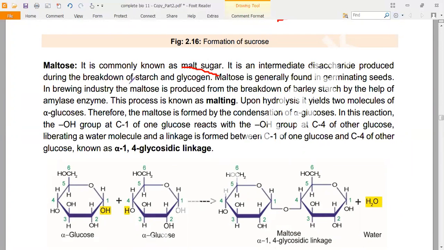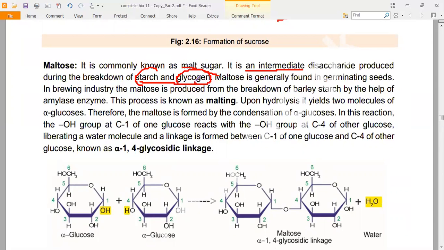Also, a very important property is that it is an intermediate disaccharide produced during the breakdown of starches and glycogen. Starch is the stored food in plants, and glycogen is the stored food in animals.